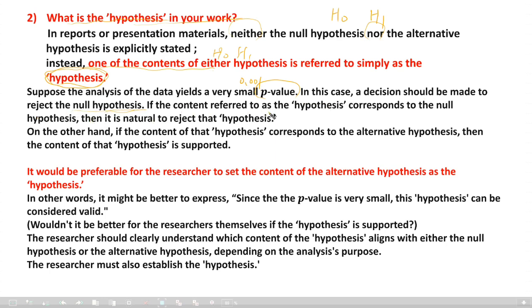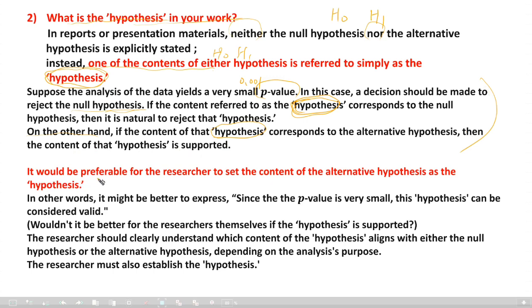If the contents referred to as your hypothesis corresponds to the null hypothesis, then it is natural to reject your hypothesis. On the other hand, if the contents of your hypothesis corresponds to an alternative hypothesis, then the contents of that hypothesis is supported. You understand that? Okay? Keep in mind, please, this one.